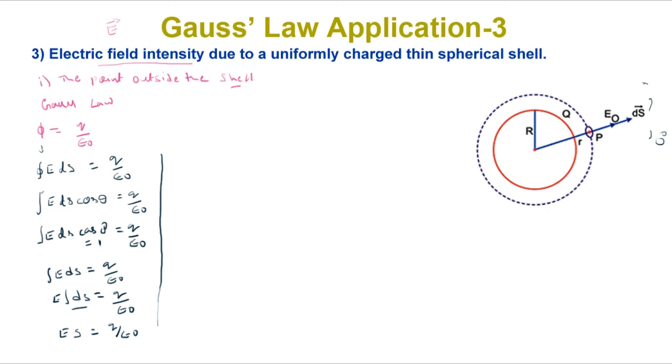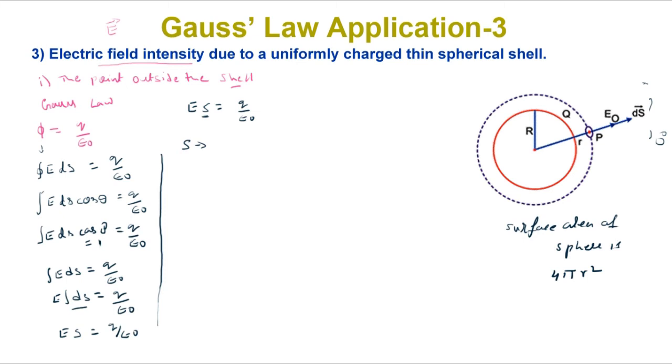Now you see, ES is equal to Q by epsilon naught. What is S? S is the surface area. The surface area of a sphere is 4 pi r square.